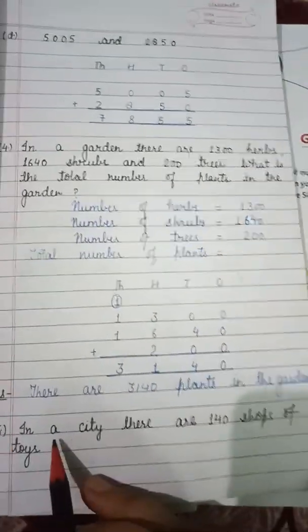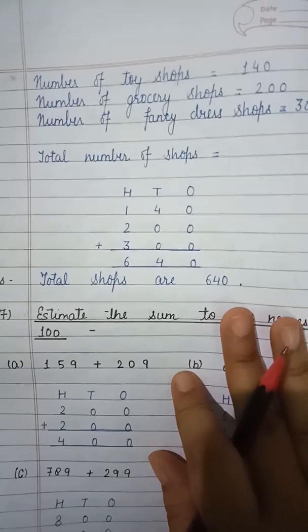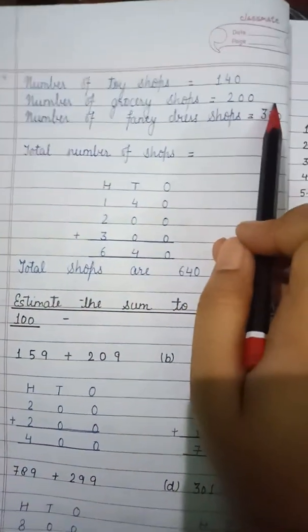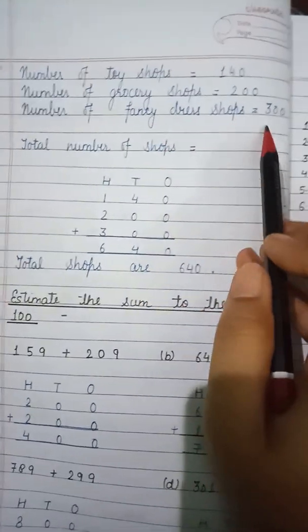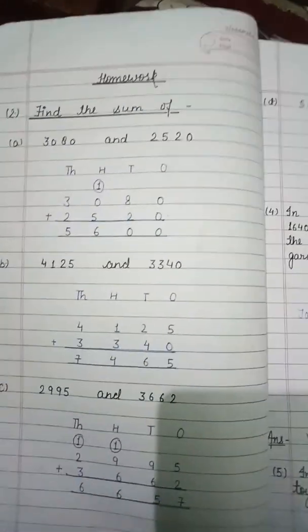So in the next, in a city there are shops, toys, and yes, the number of toy shops is 140, the number of grocery shops is 200, and the number of fancy dress shops is 300. Okay, so I think it's very clear, right?